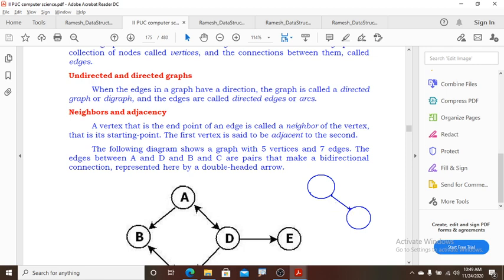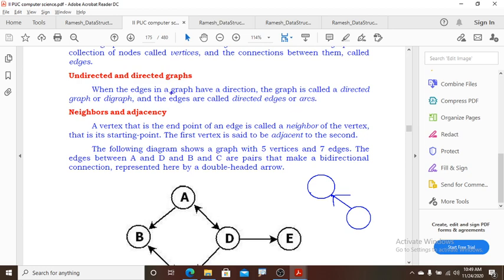Suppose it contains direction. Suppose I take direction here. This arrow mark is there, no? Observe in this, the arrow mark is there. Suppose I take an arrow mark like this. So what is it? A directed graph.